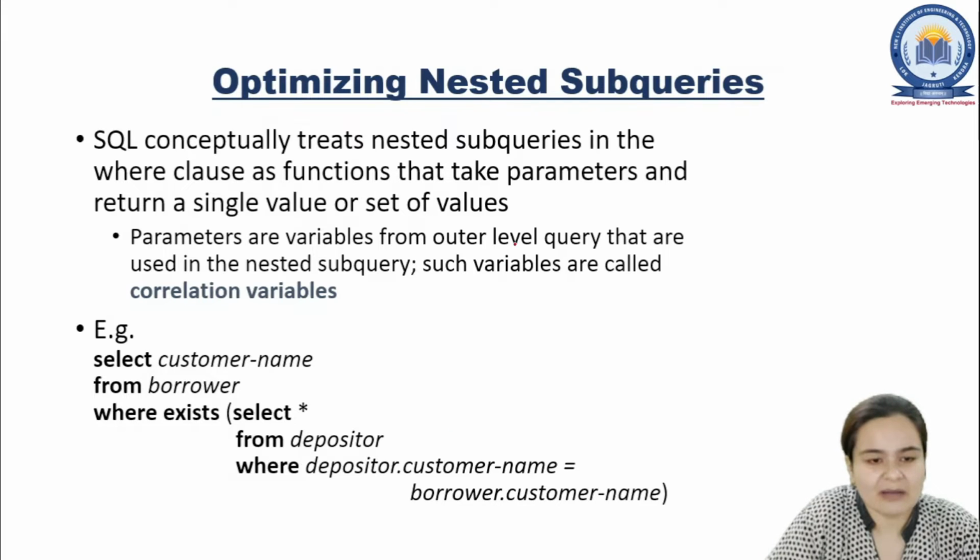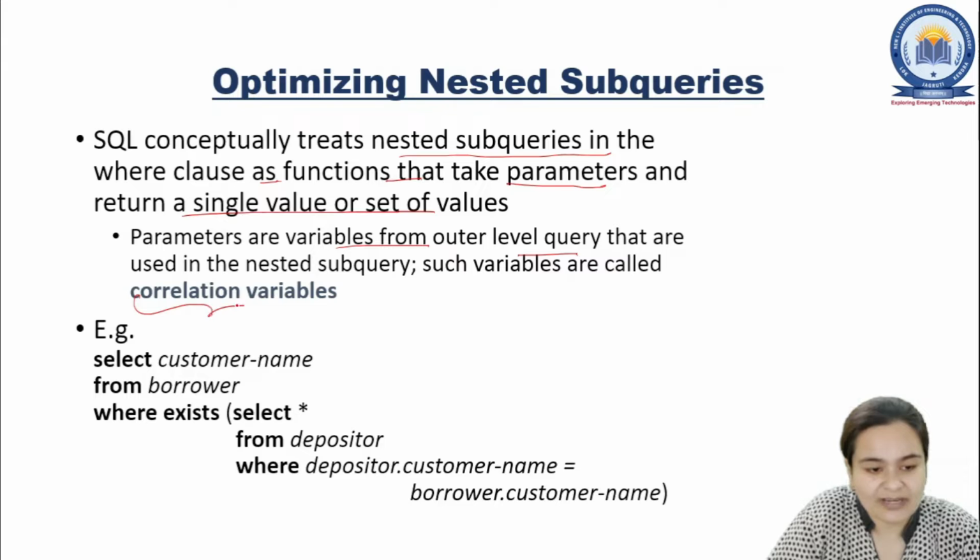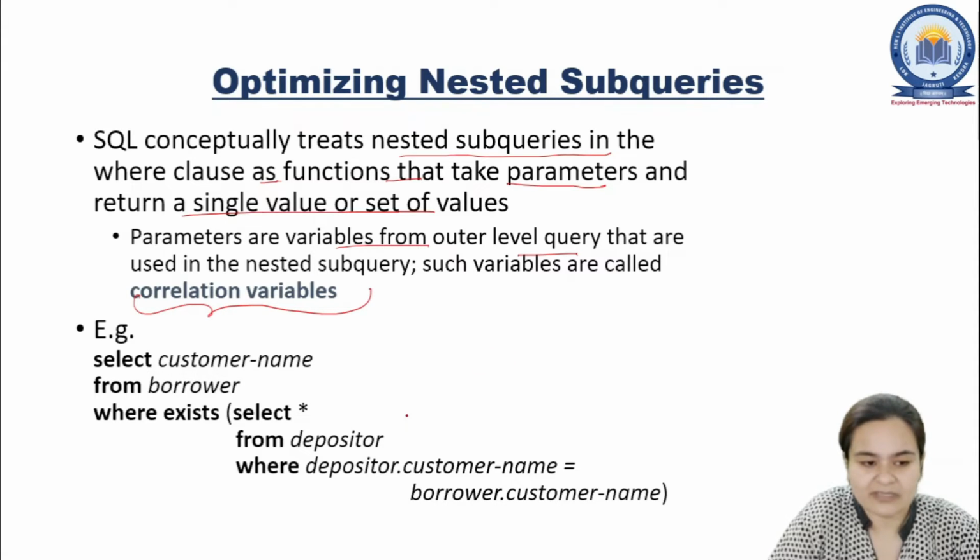Coming to optimizing nested subqueries, how can it be done? SQL conceptually treats nested subqueries in the where clause as functions that take parameters and return a single value or a set of values. The parameters are variables of the outer-level query that are used in the nested subquery, and these are called correlation variables.